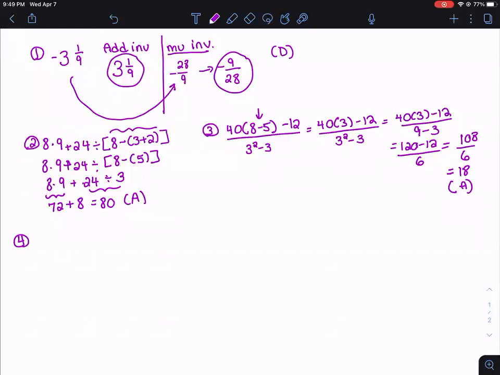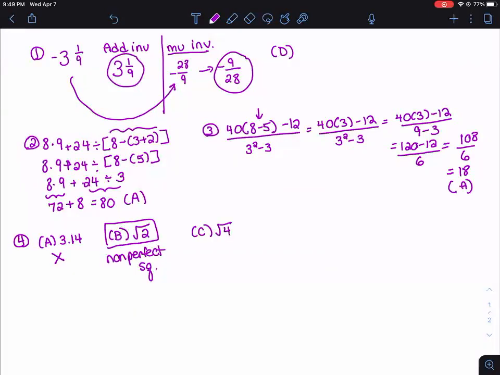Number 4, which number is irrational? Choice A was 3.14. This is not irrational. 3.14 is not the same as pi. 3.14 is a terminating decimal. Many people chose that, and that answer is incorrect. Radical 2, so this was the answer. This is a non-perfect square. All non-perfect squares are irrational.